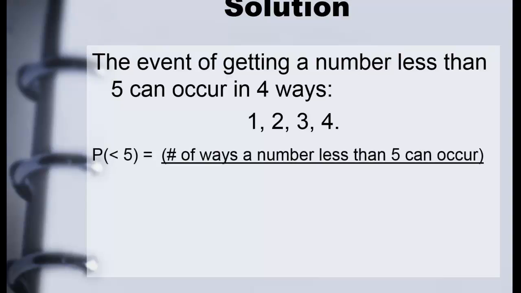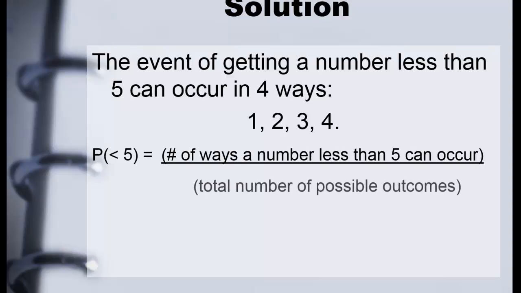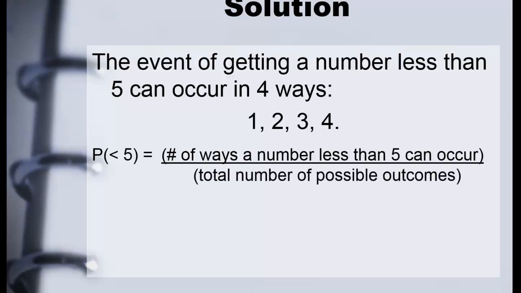So this is how we will represent our solution, where P(E), the E representing the event, here is less than 5. Our numerator is the number of ways a number less than 5 can occur, all over the total number of possible outcomes. So what's the total possible outcomes from a die? We have a die that has 6 sides.